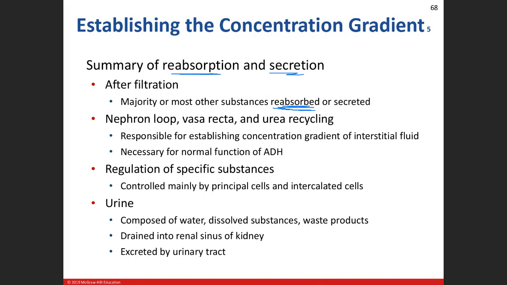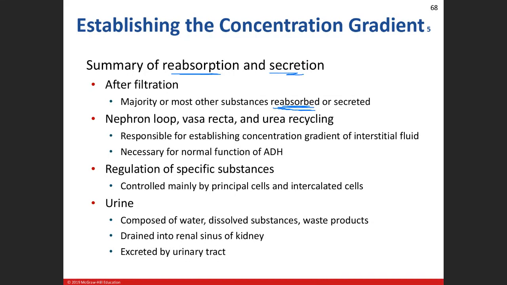Most substances have a choice of either being mostly resorbed or mostly secreted. It's not a 50-50 thing. It's not like some gets resorbed, some gets secreted. Either most of it's going to be resorbed or most of it's going to be secreted.